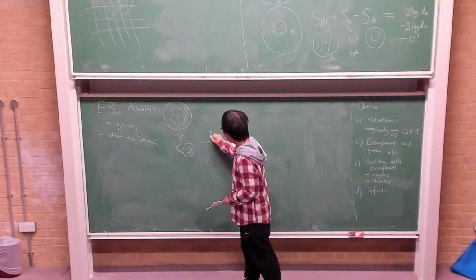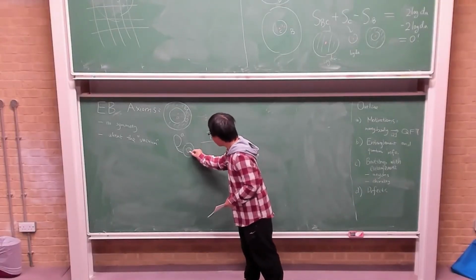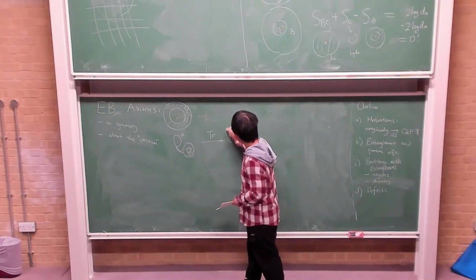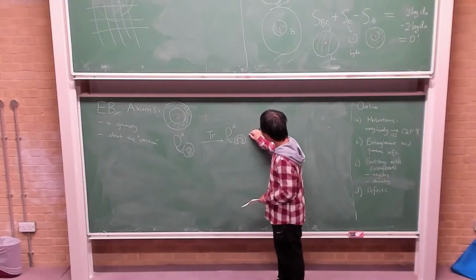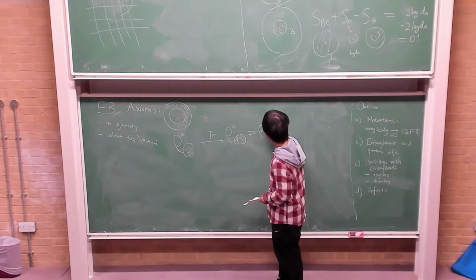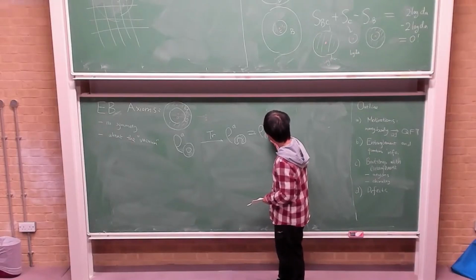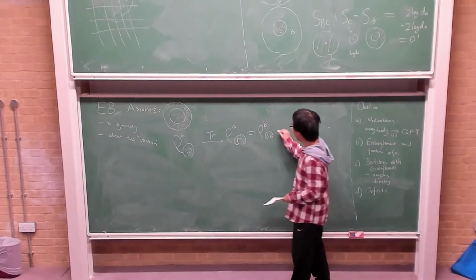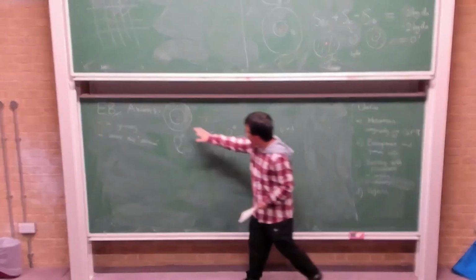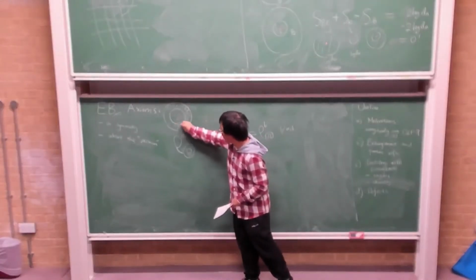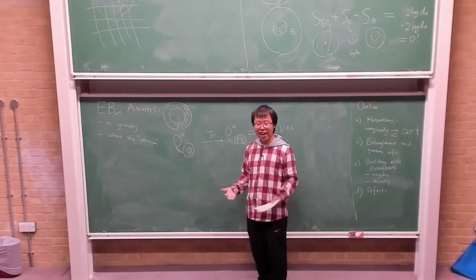If you do a partial trace, trace out this part, you have rho A here, and it's the same with any B. Once you trace out part of the annulus, you no longer see the anion.